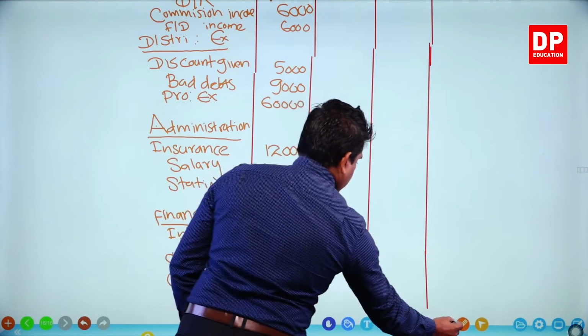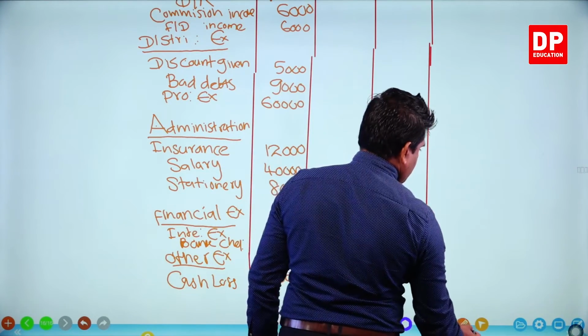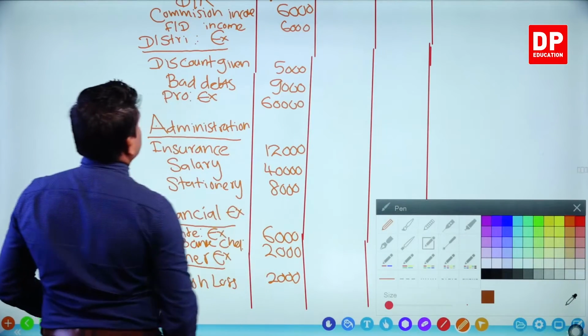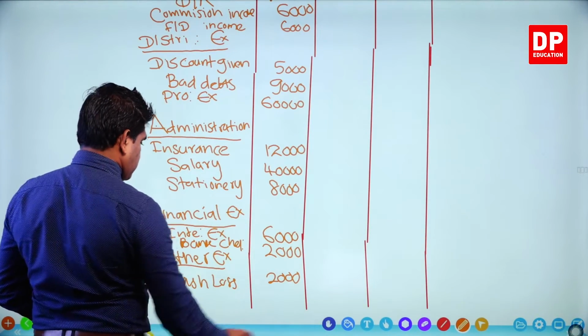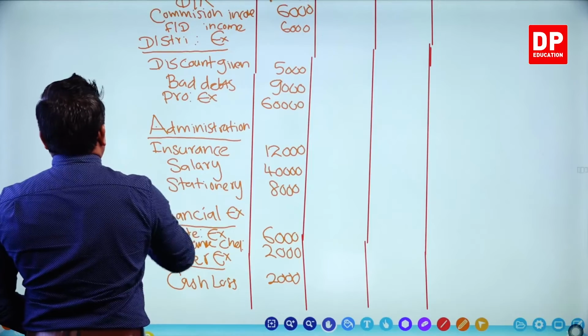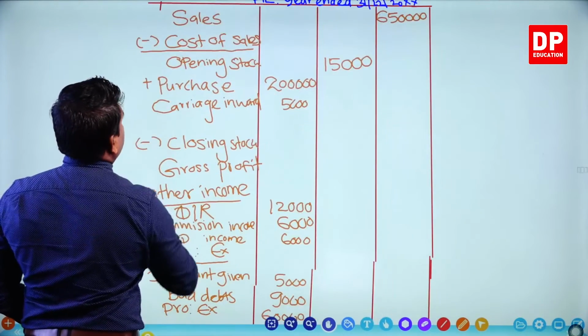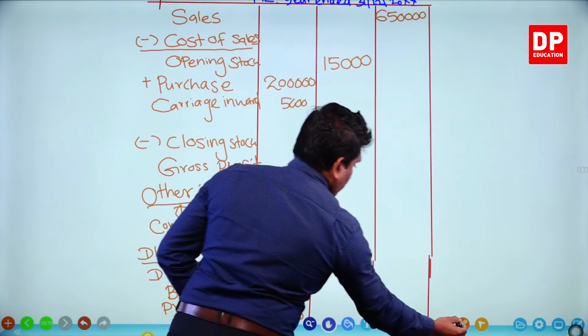Then we can get the total of each expense and find the answer. Then we go to the sales and those things.